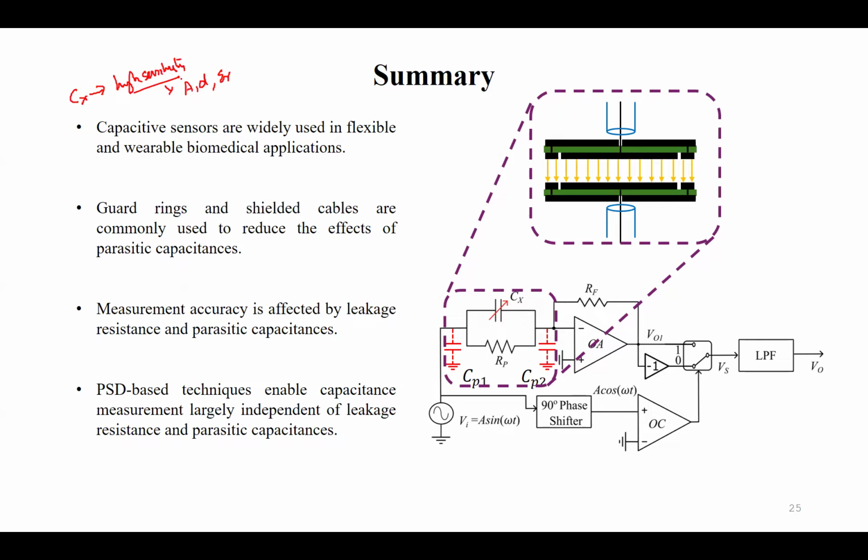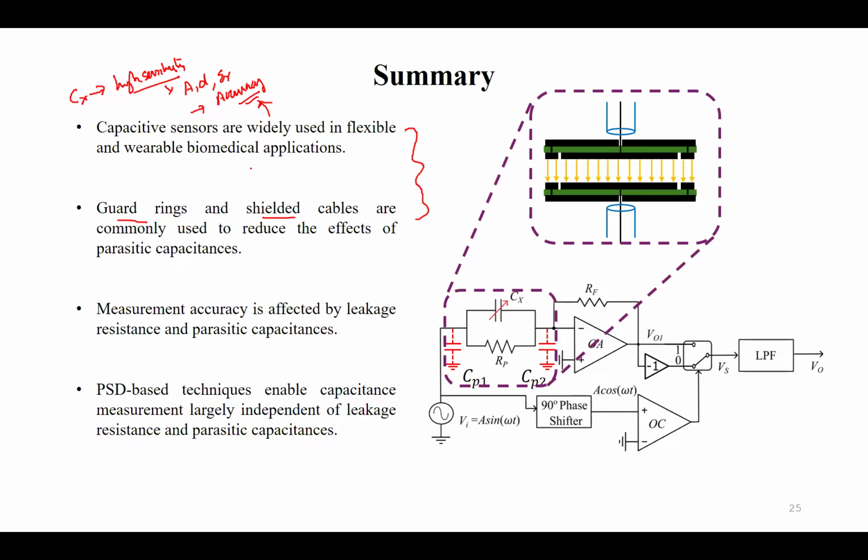That is the design aspect related to what sort of sensitivity you require. But apart from that, for the accuracy of the sensing measurement, we need to take care of the parasitic effects or the interference effects. How to overcome that? We can use various guard rings or shielded cables, which we discussed, right? This effectively helps to improve the accuracy of the sensor itself.